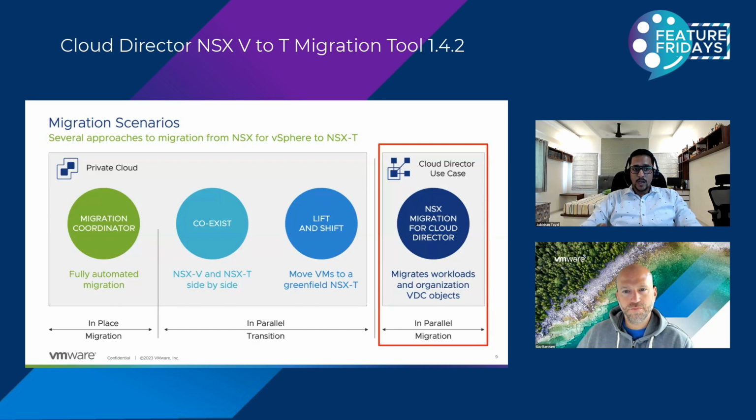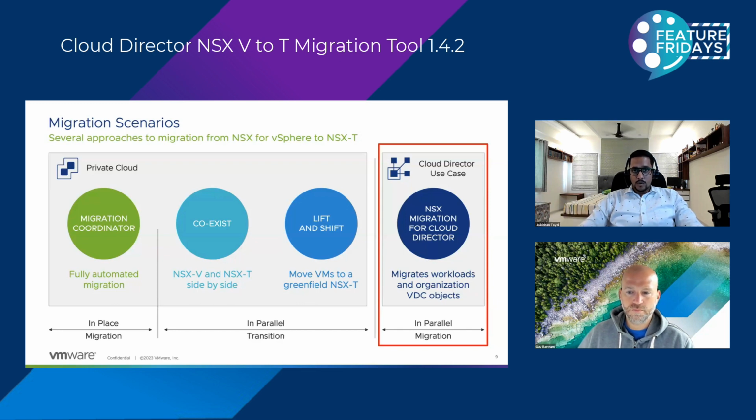That's used when you want to migrate a non-VCD environment. But this Feature Friday demonstration is all about an environment running VCD. If it's backed currently by NSX-V and you have to migrate to NSX-T, we would use the migration tool for VCD. That's the pure focus of this video.